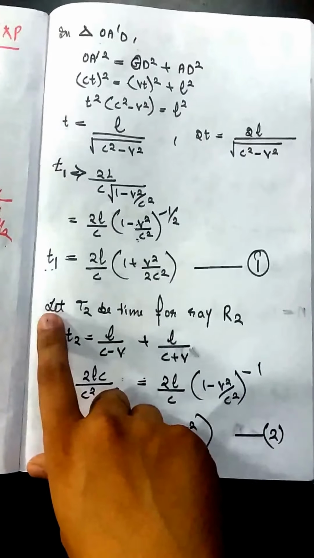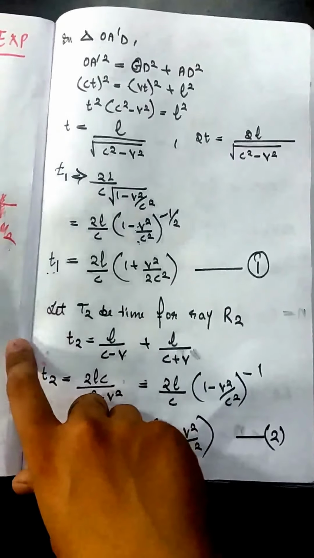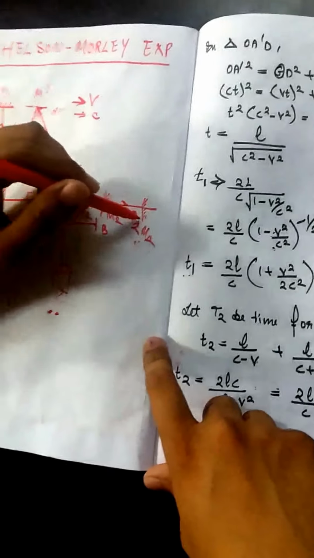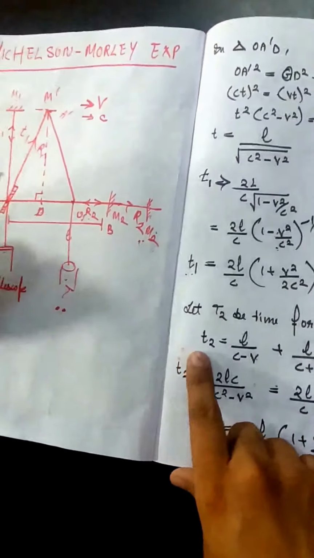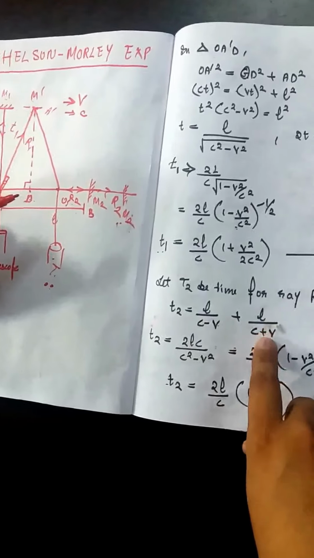Now we will calculate the time for the ray R2. Let T2 be the time taken by the ray R2 moving from O to M2 and returning back from M2 to O dash. We know that time will be distance by velocity.